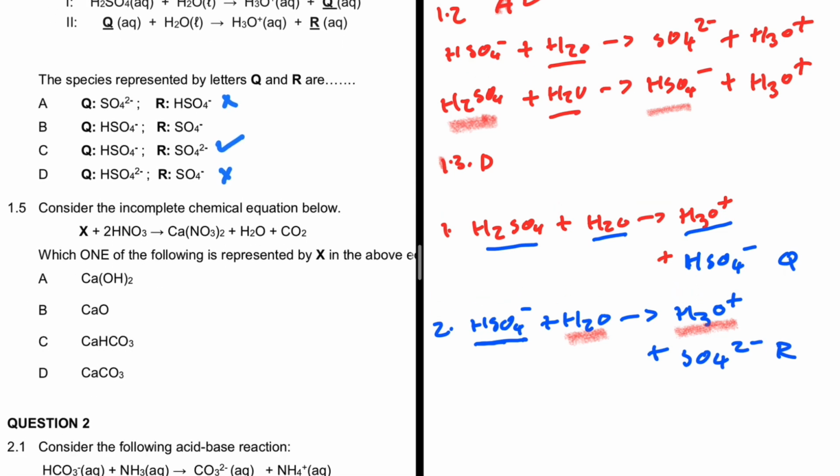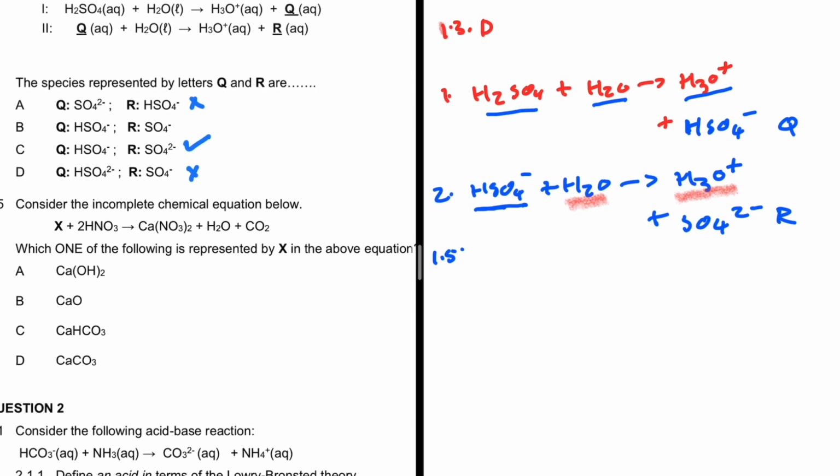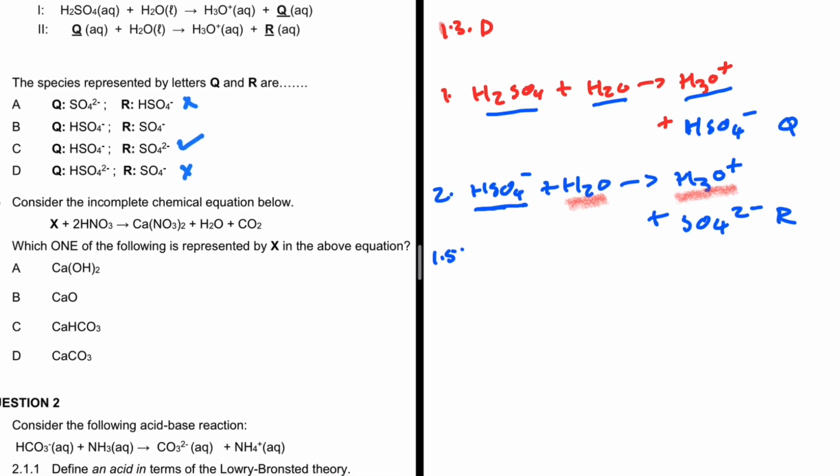Right. So 1.5. Let's take a look at what's happening here. Consider the incomplete chemical equation below. There we go. Looks a bit complicated, but there ain't nothing to it but to do it. Which one of the following is represented by X in the above equation? So I think here we're just following the same technique we've been using to answer 1.4 and 1.1. So let's take a look.